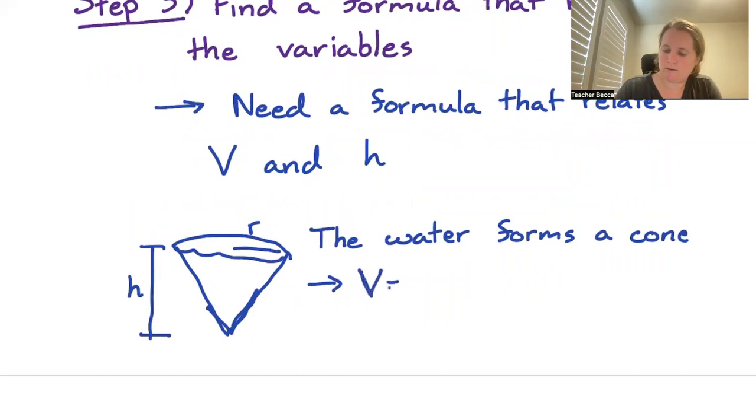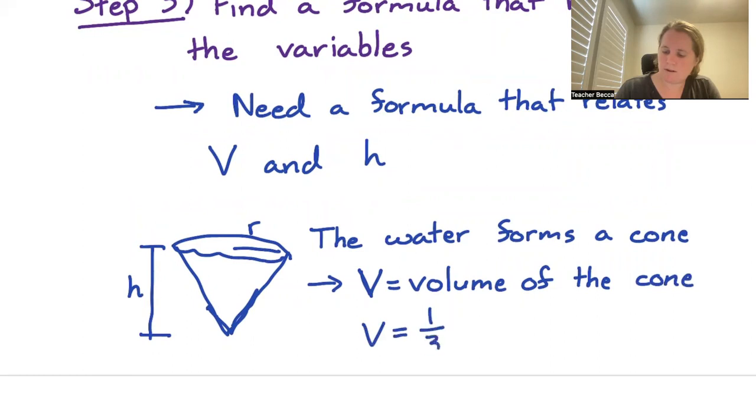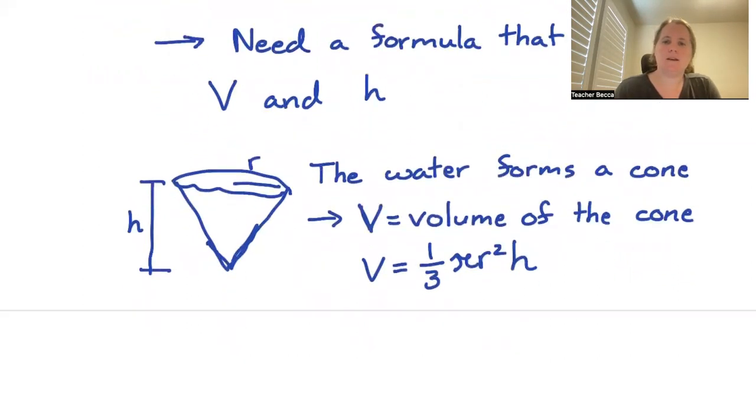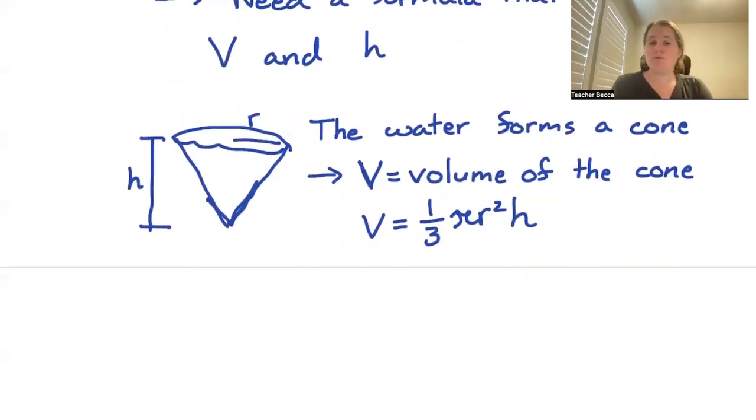So V equals the volume of the cone, and the volume of the cone is 1/3 times pi r squared h. So we have a formula. Unfortunately, this formula also has r.